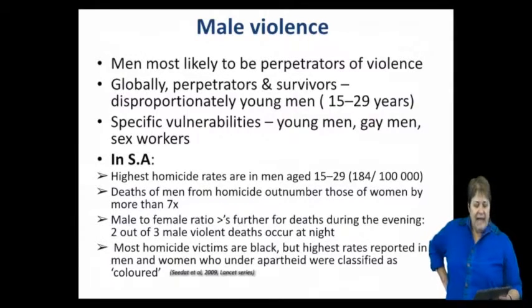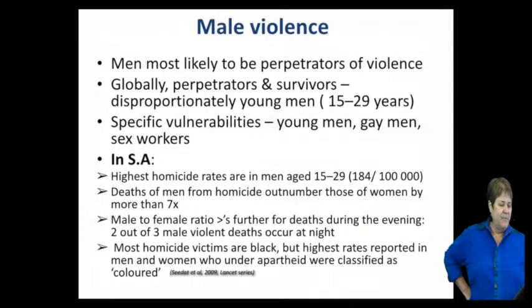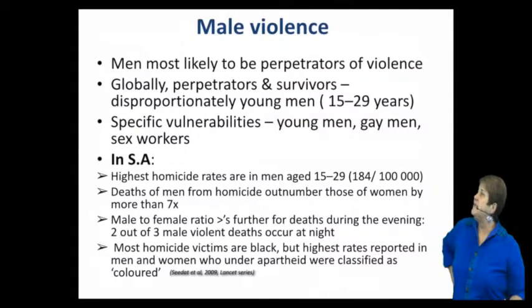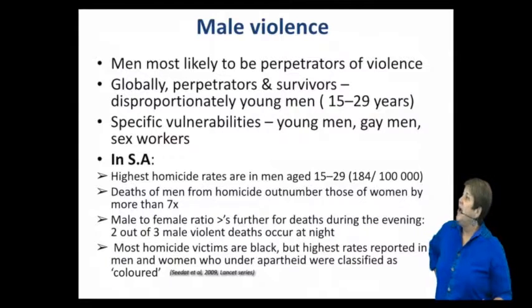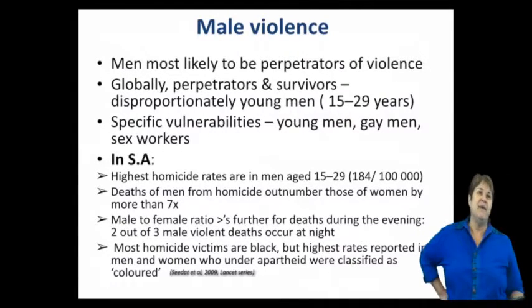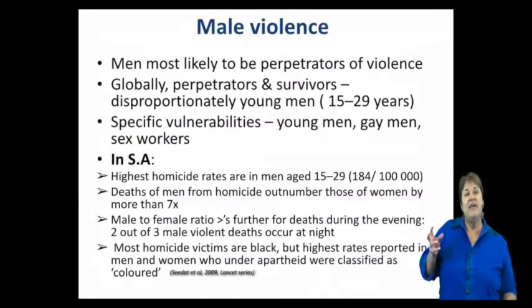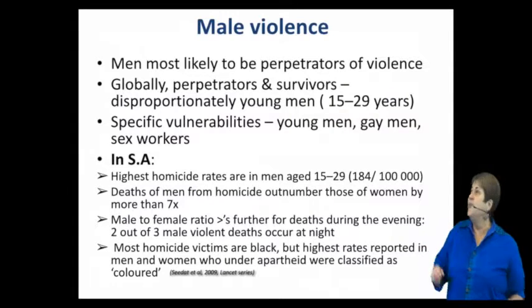So men are the most likely perpetrators of violence. Globally, as I mentioned, the perpetrators and the survivors, where there's male-on-male violence, are disproportionately young men, 15 to 29 years. So again, if we're looking at interventions, that's the key group.